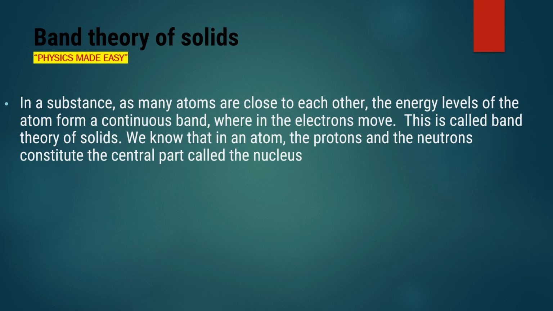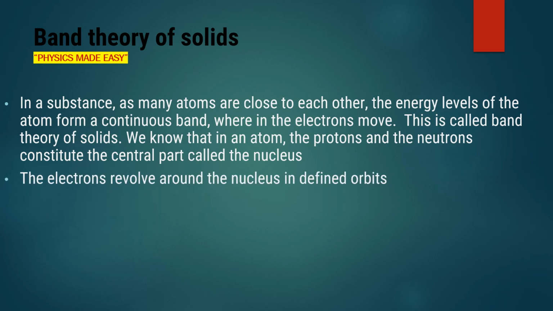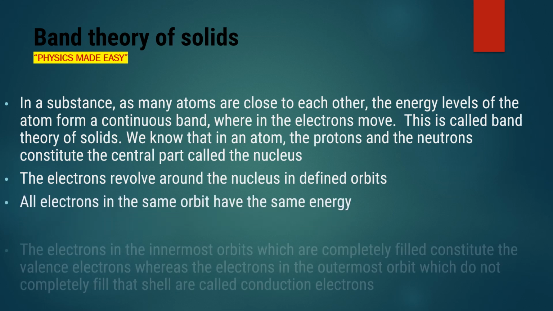We know that in an atom, the protons and the neutrons take part in the center of the atom, that is called the nucleus. The electrons revolve around the nucleus in definite orbits, and all electrons in the same orbit have the same energy.